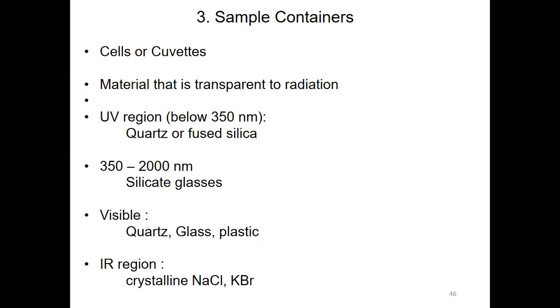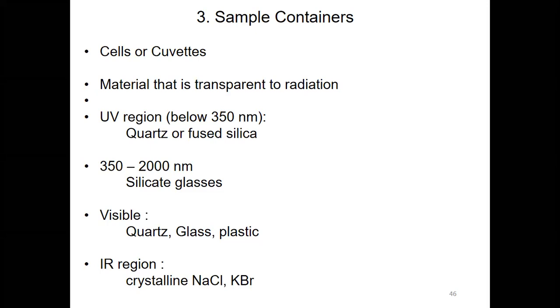Otherwise, we will not be able to get a signal, because the radiation is not transferred through the sample container. For example, last time also I mentioned, if we take UV, we cannot take glass or plastic cells, because through the glass or plastic, the UV radiation will not be transferred.